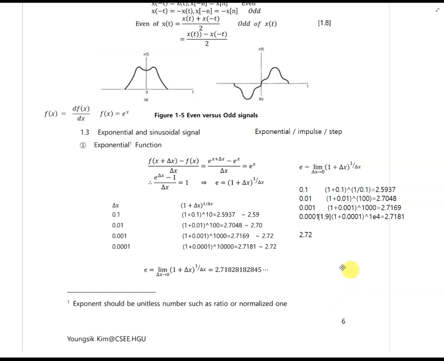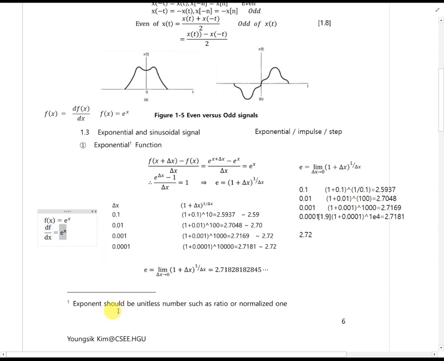Then we can write the equation this way. If f(x) is e to the x, then df/dx equals this one. So its differentiation is the same as that one.